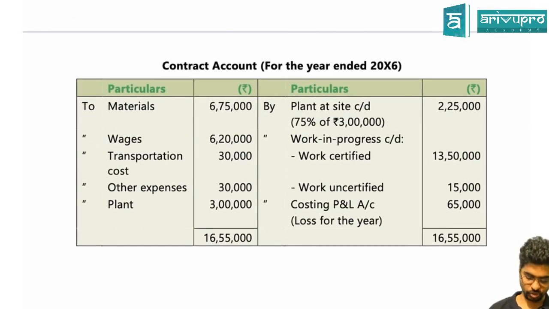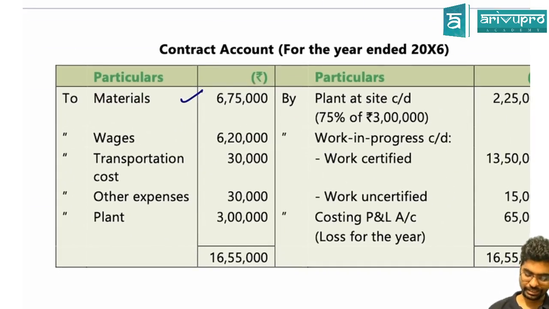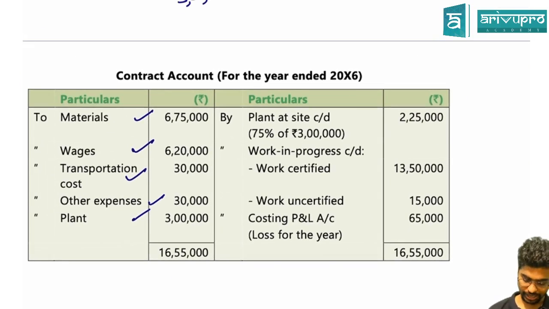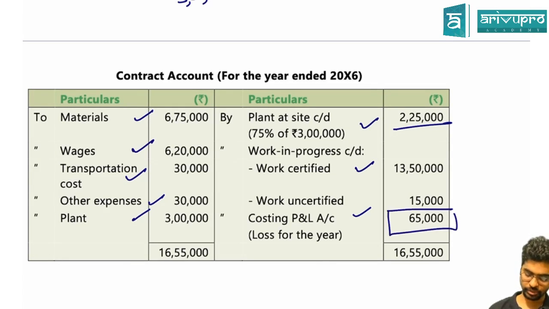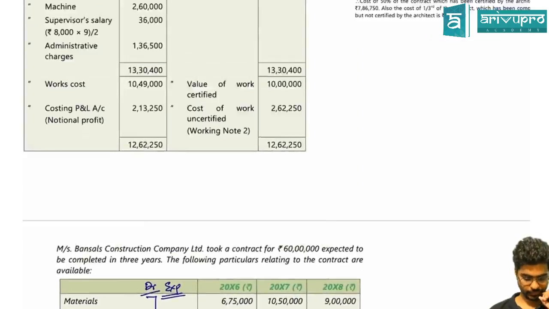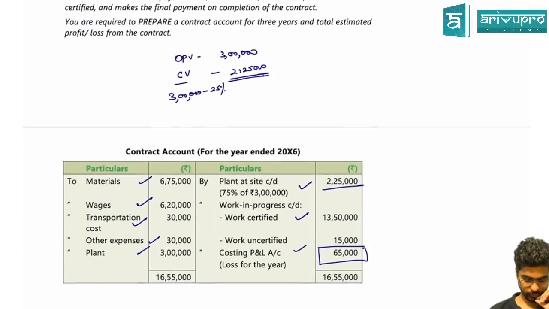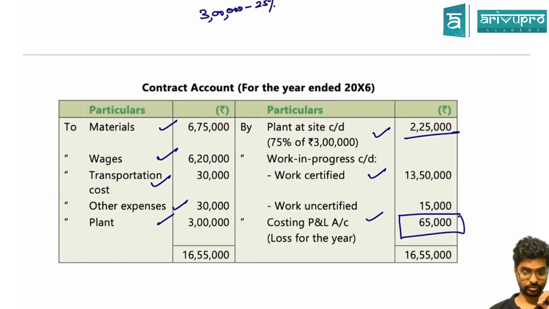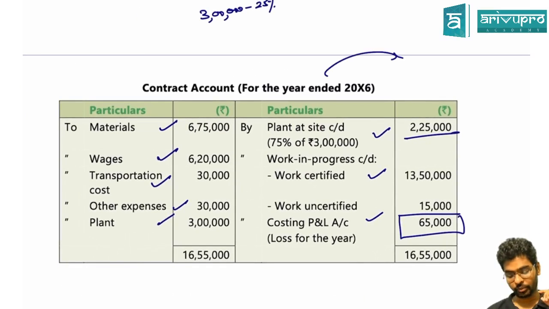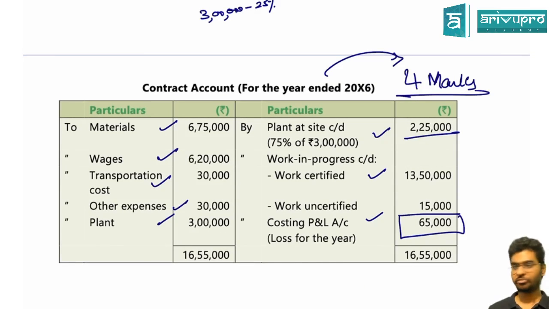If you see the solutions here: material, wages, transportation cost, plant. Here I have my value of material, then work certified, work uncertified portion, and the balance goes to my costing P&L. Any doubt? The moment you are done with it, easy 4 marks.